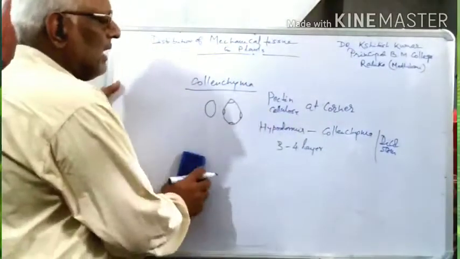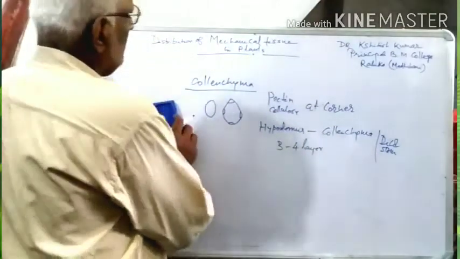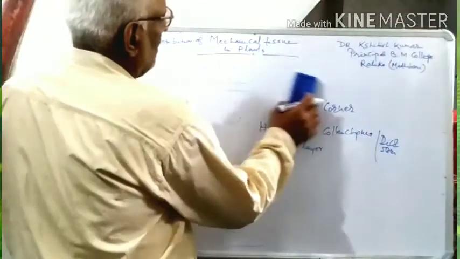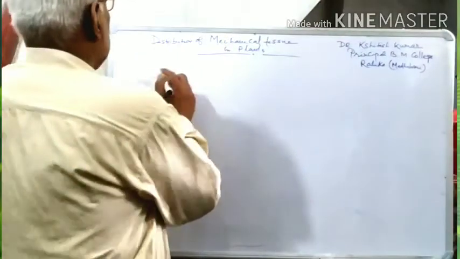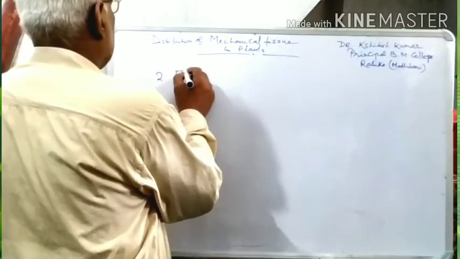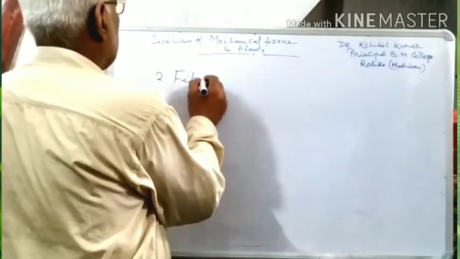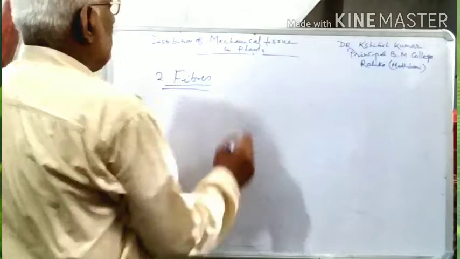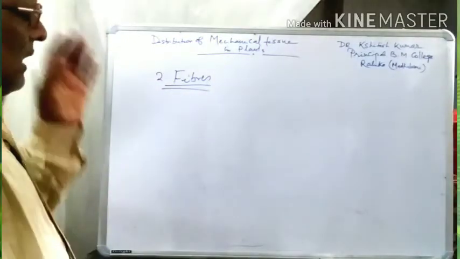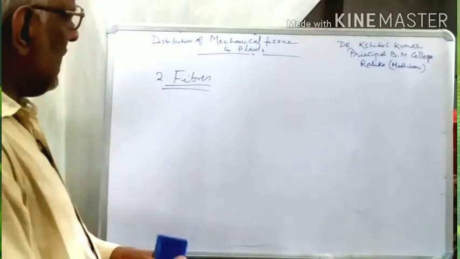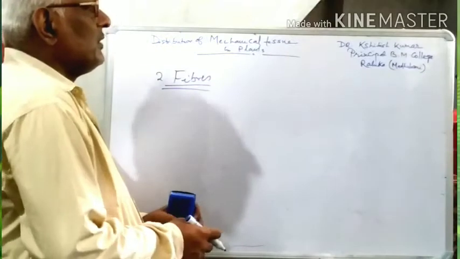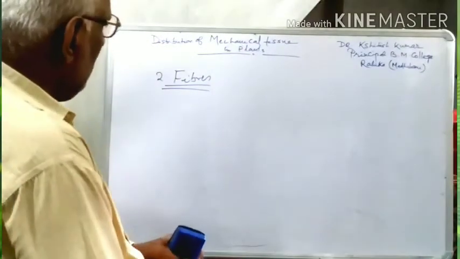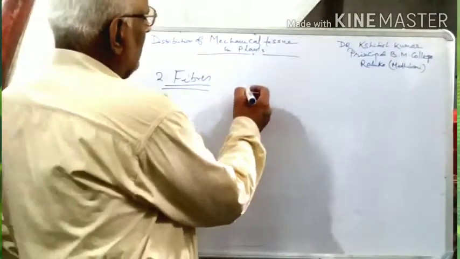The second are the fibers. Fibers are sclerenchymatous tissues which are elongated.